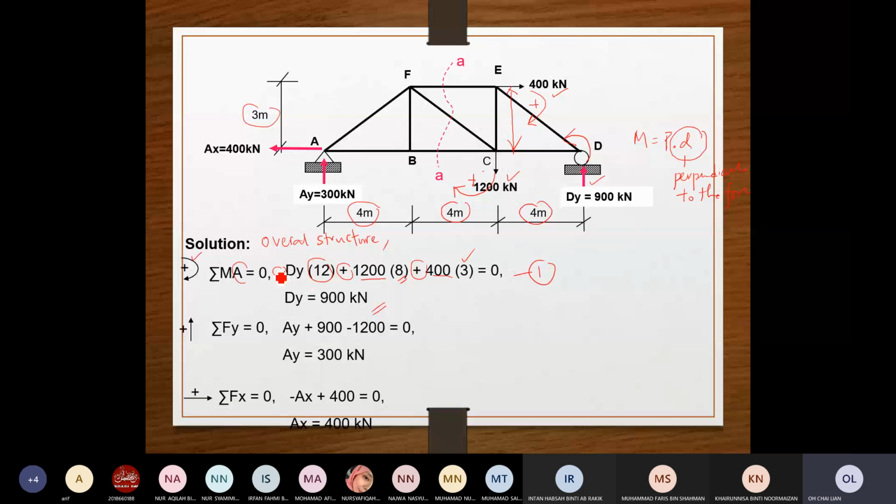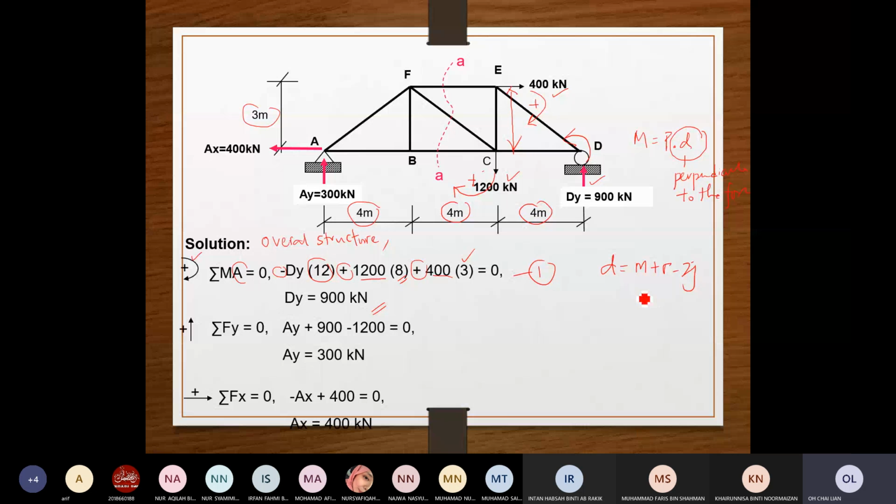Now when you have solved for one of the unknowns, the rest will be very easy. Before I go too far, before you start analyzing this, you should make sure that this is a determinate or indeterminate system. If you still remember, we have D equal to M plus R minus 2J, for the truss, to classify the determinacy of the truss.